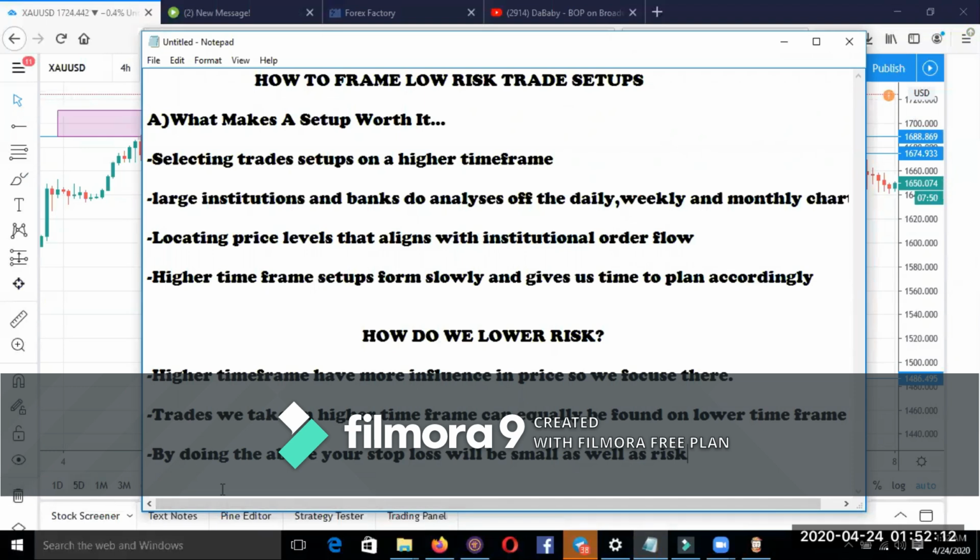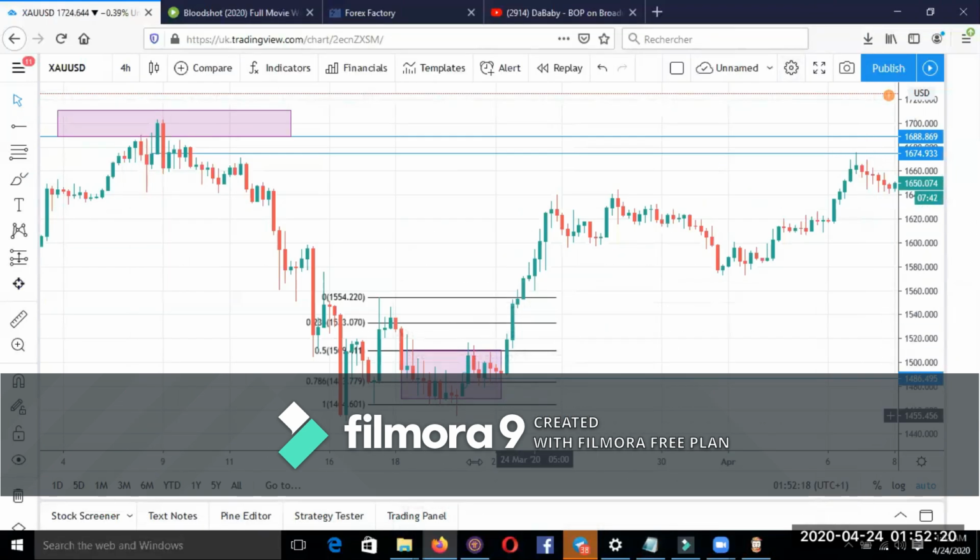As I said, by doing all the above, the stop loss will be small, as well as the risk. Imagine you were here and you wanted to take this trade. You saw this run of stop losses. You wanted to take this trade because you saw this swing.